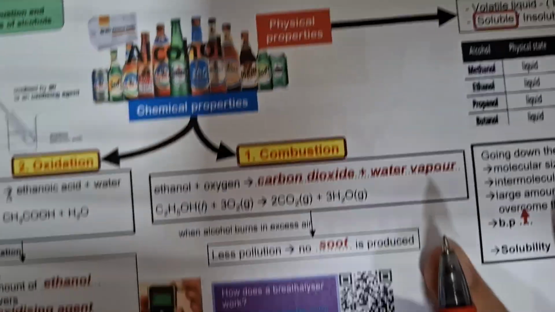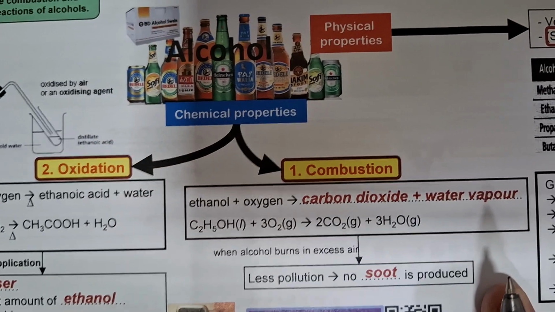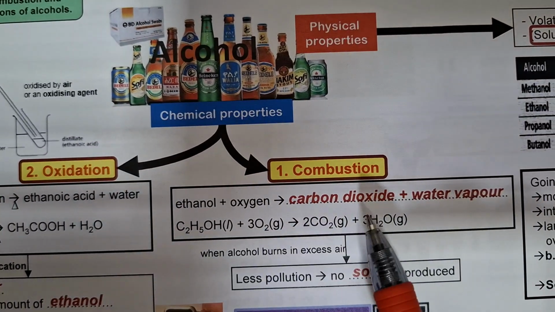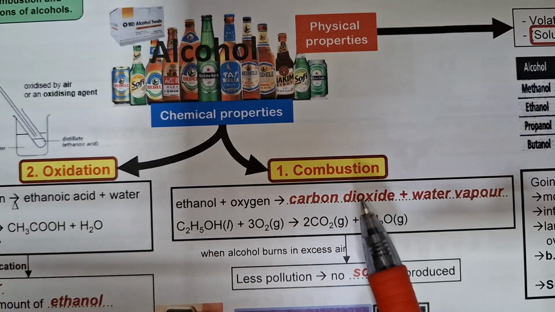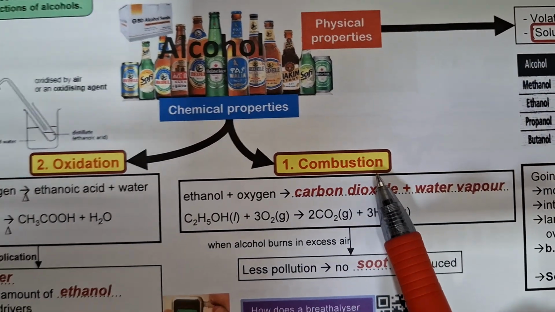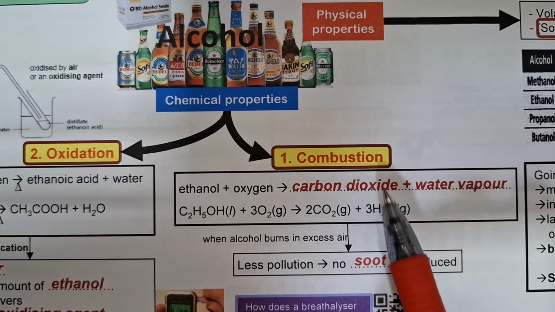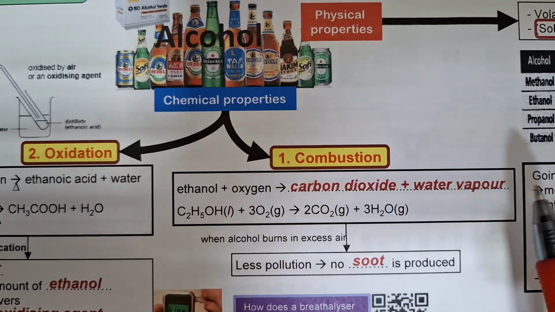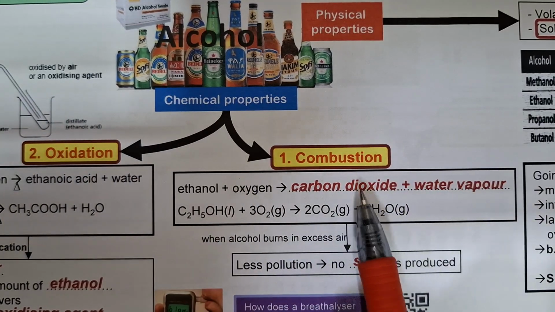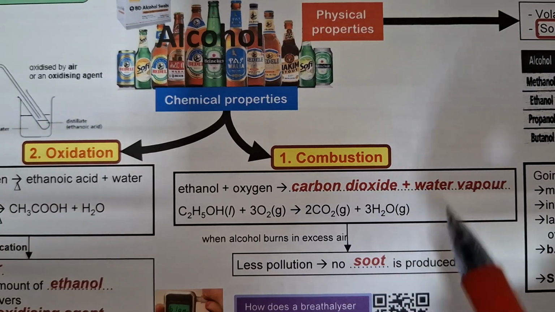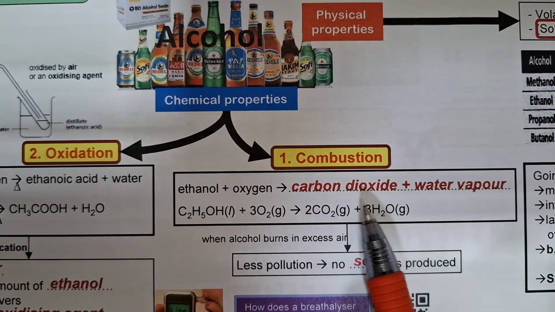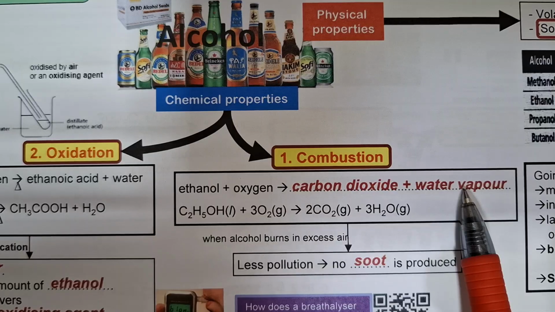Okay, let's look at the chemical properties, same as alkane and alkene. The first chemical reaction is combustion, similar to alkane and alkene. The two products of combustion are carbon dioxide and water vapor.